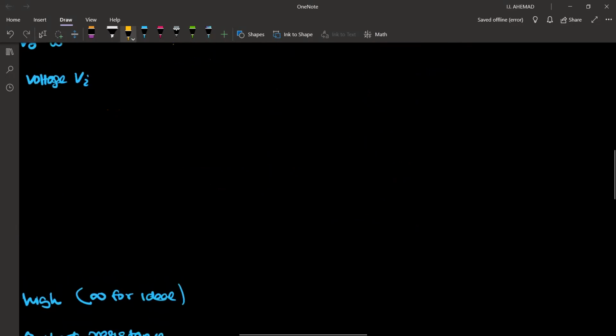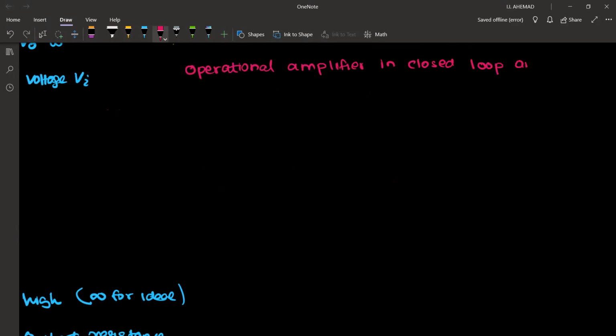Next topic, operational amplifier in closed loop and negative feedback.